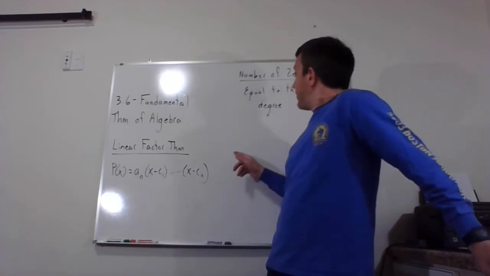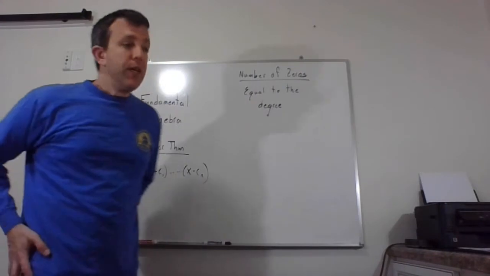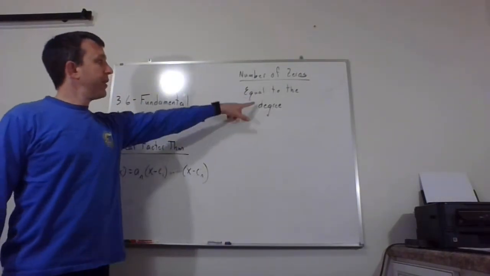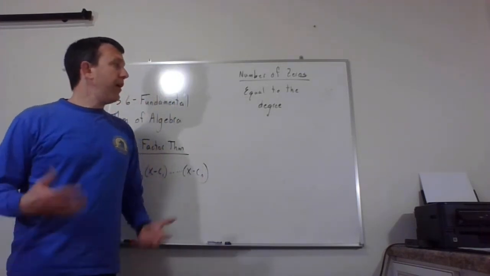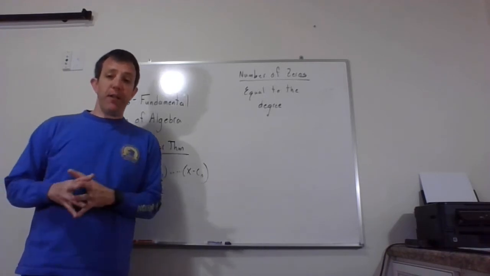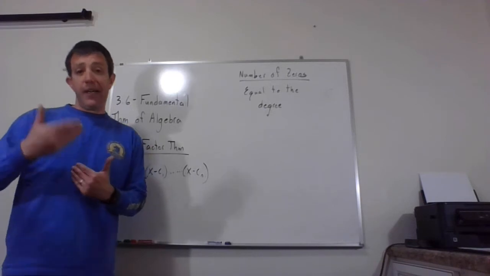So the real reason that we want the fundamental theorem of algebra in this course is because since it gets us the linear factor theorem, it will then also get us to the number of zeros theorem. And all that says, end of the story, is that any polynomial will have as many zeros as its highest degree.